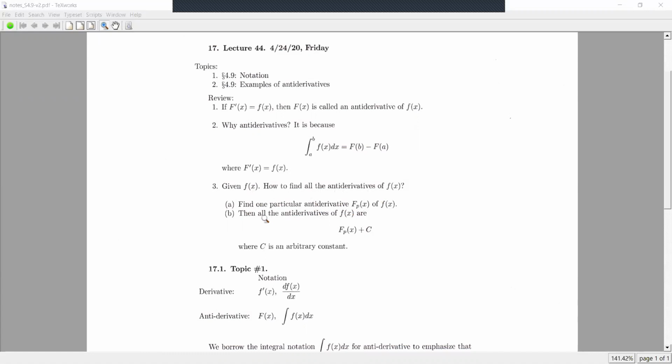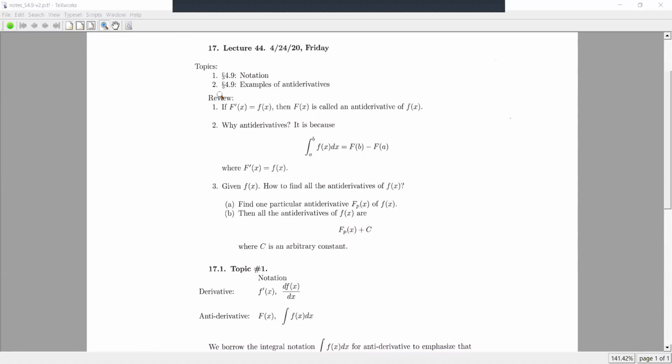Then step 2, all the anti-derivatives of the given function are the particular anti-derivative plus an arbitrary number c. A particular antiderivative plus an arbitrary number, we call it the most general antiderivative of the given function f.